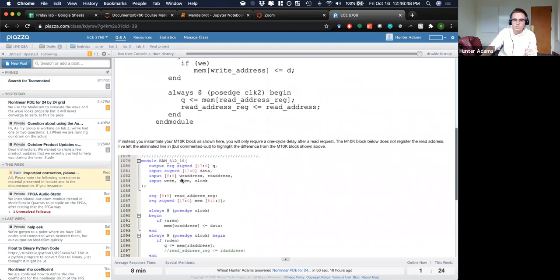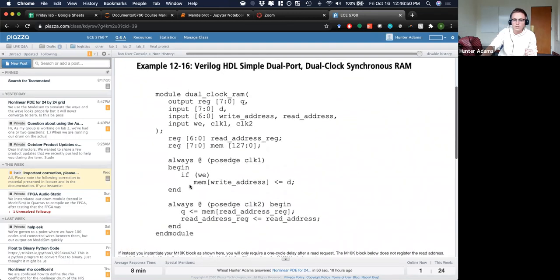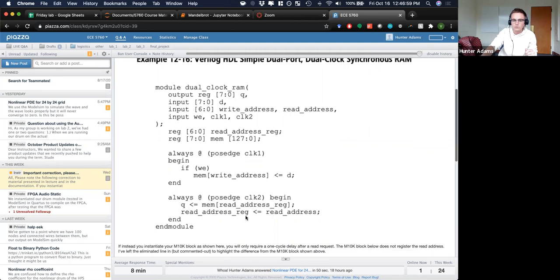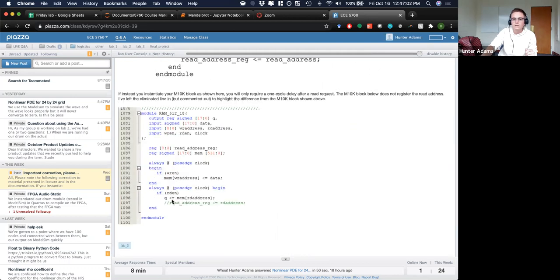Instead of setting the value of Q equal to mem at read address reg, the register you're using to register the read address, if you instead just set Q equal to the mem array at the input read address, this will drop the number of states that you need to wait by one state. So you'll set the read address, wait a state, and then it will be available on the subsequent state if you do it this way.